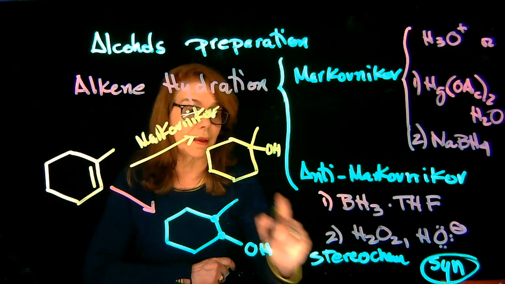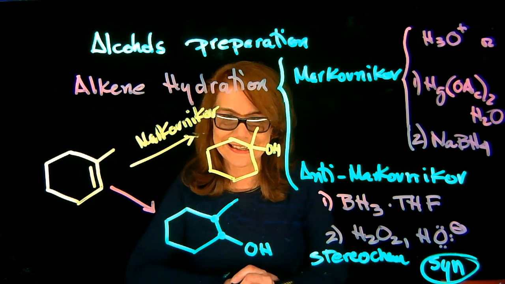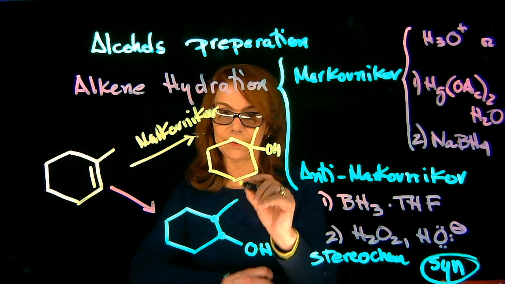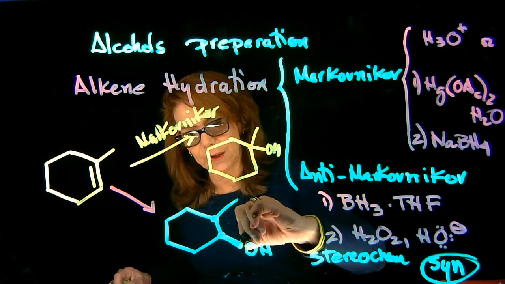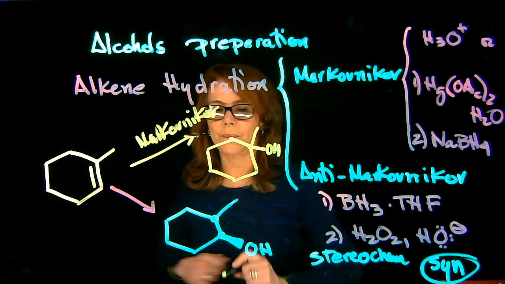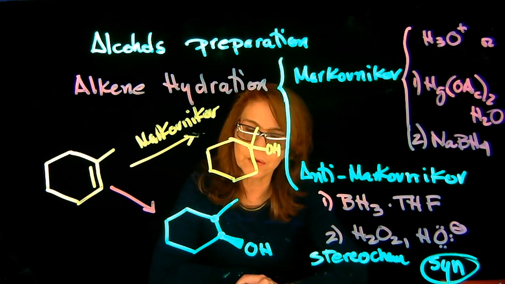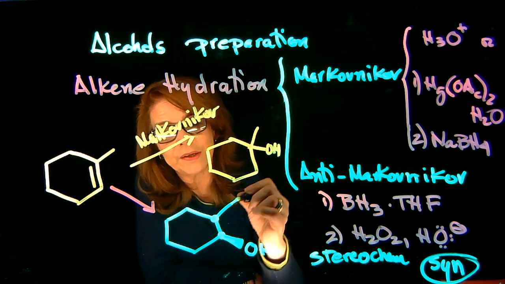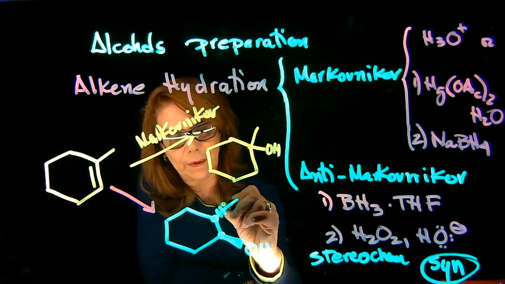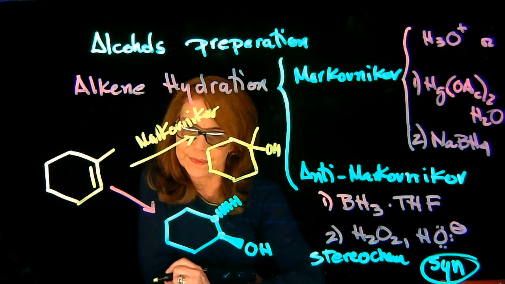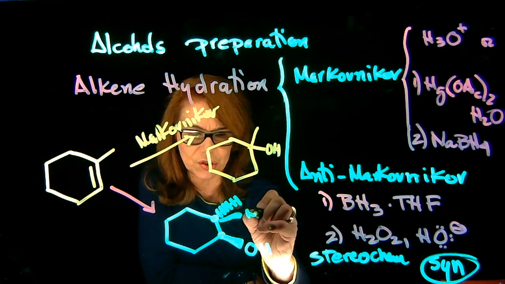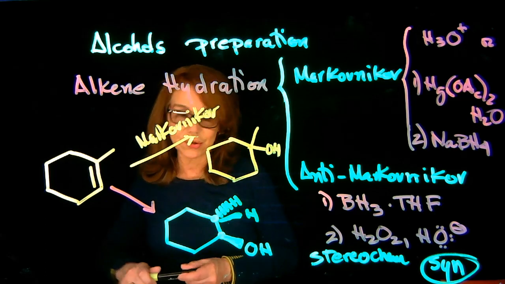We also said that this reaction happens in a syn fashion, meaning that in that molecule, if we have the OH here on the wedge, we should have the H on the same side, which means that the methyl should be on a dash. Again, this drawing means that you have the H and the OH on the same side.